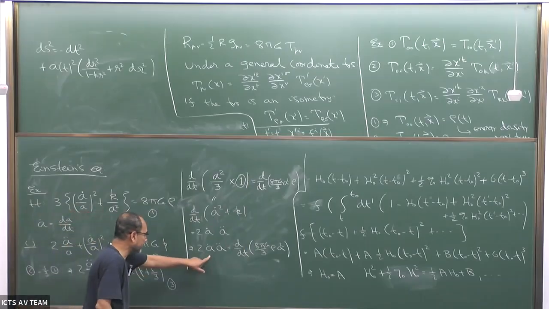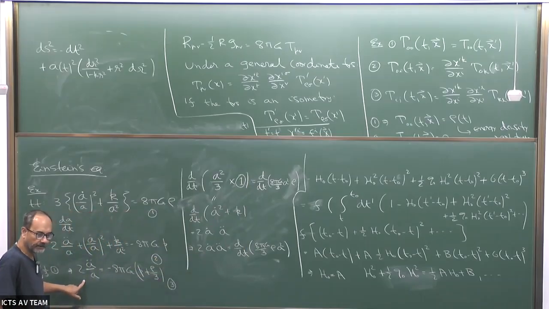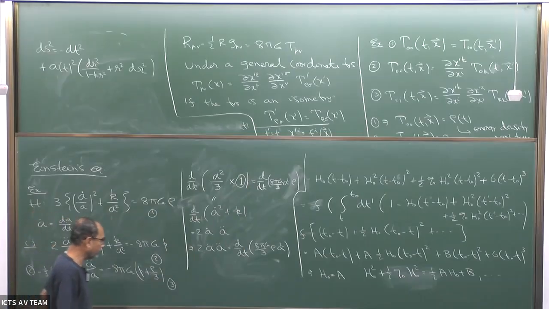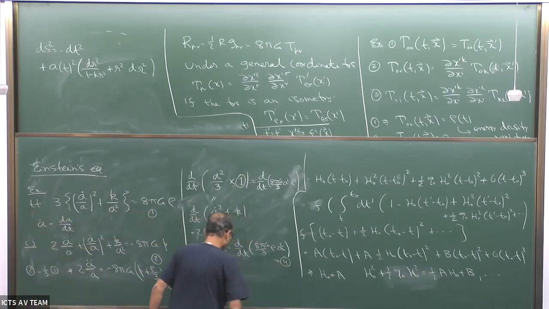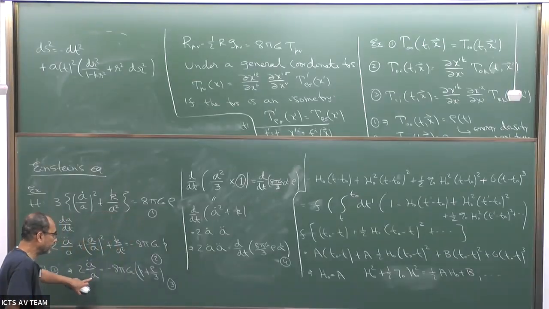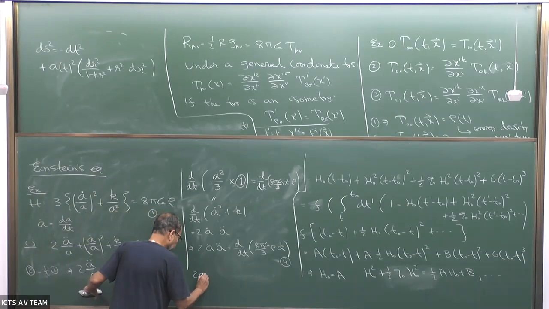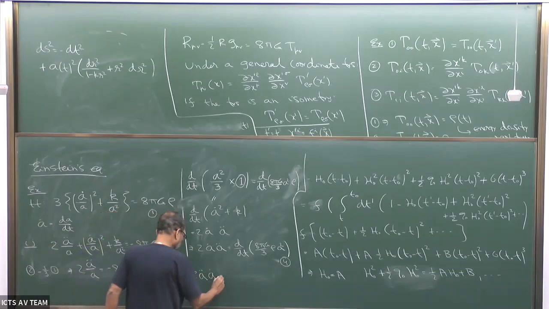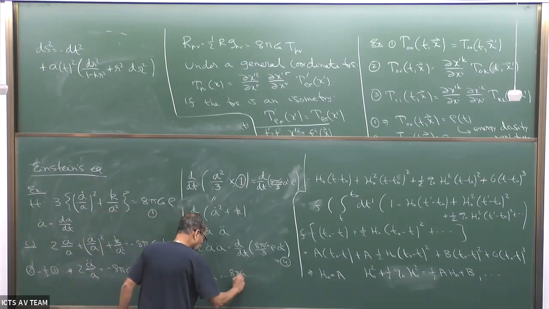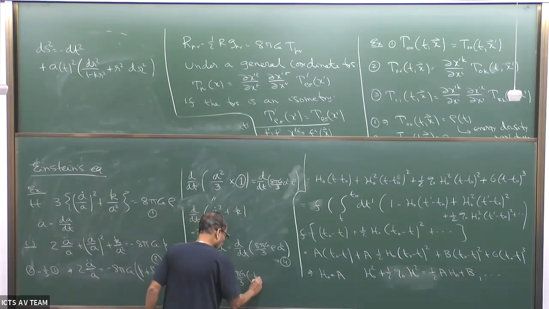Okay, so now we have to combine these two. Let's call it 4. So let's multiply these by a times a dot. Multiply this by a times a dot, so 2 a double dot times a dot is minus 8 pi G over 3, p plus rho by 3 times a dot.